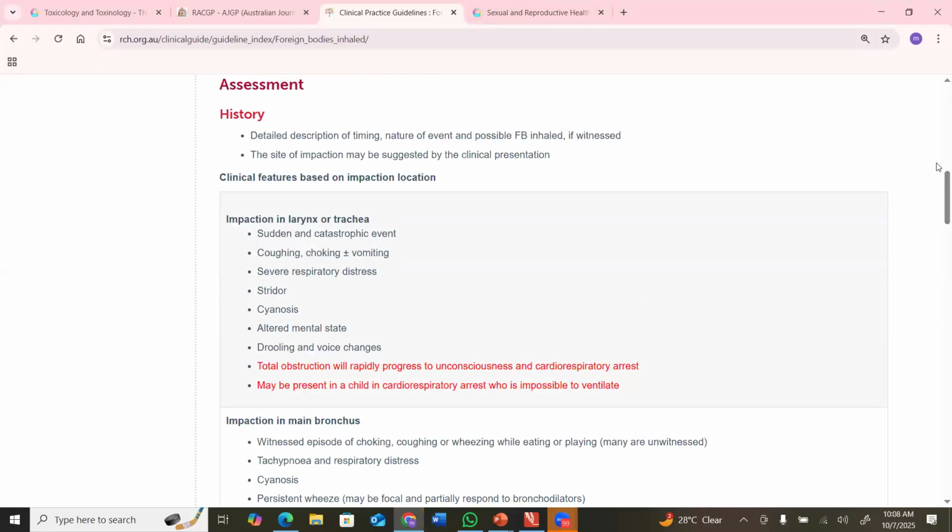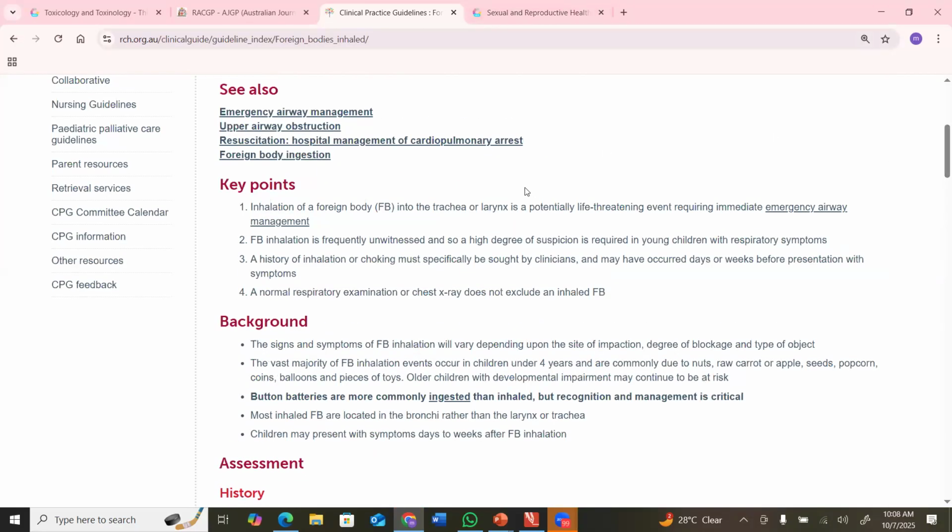So you need to go through foreign body ingestion as well. But here we are concerned with this point, inhalational.